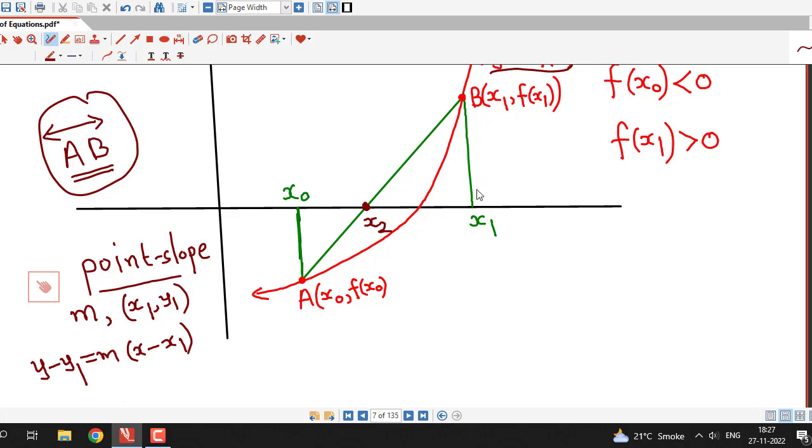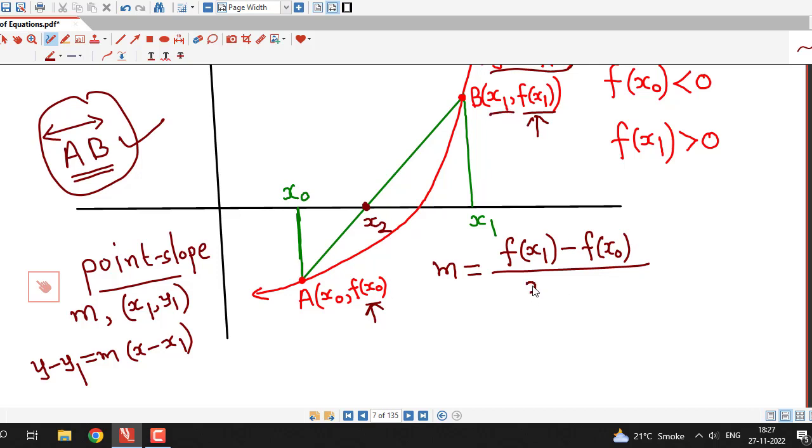So here these 2 points A and B can help us decide the slope of the line. Suppose we are interested in the slope of line AB, then it is equal to the difference of y components divided by the difference of x components, that is f(x1) minus f(x0) divided by x1 minus x0. This is the slope of line AB.